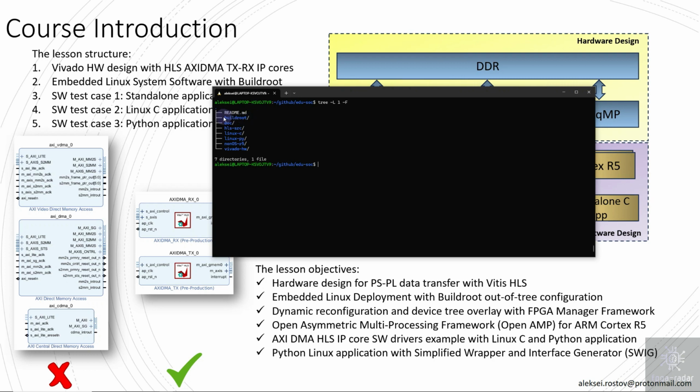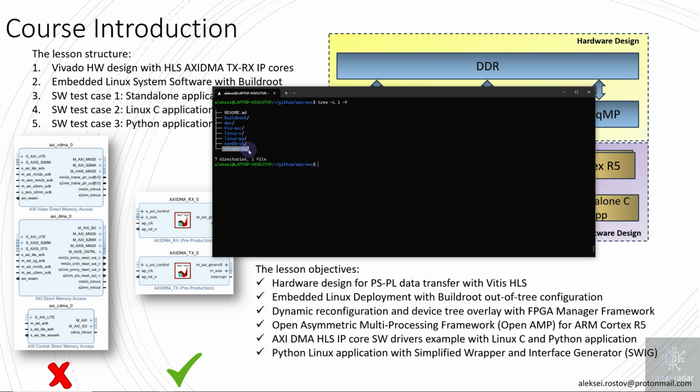These folders are, first of all, Buildroot, with Buildroot sources to build and deploy Buildroot on the target. Doc is a folder with these slides. Then high-level synthesis sources, and the Linux and software test cases. Besides that, there is a Vivado hardware folder.